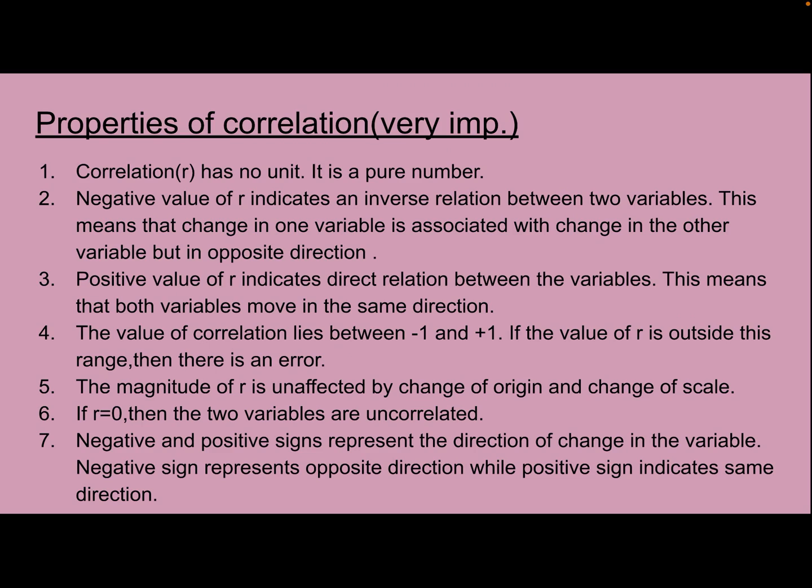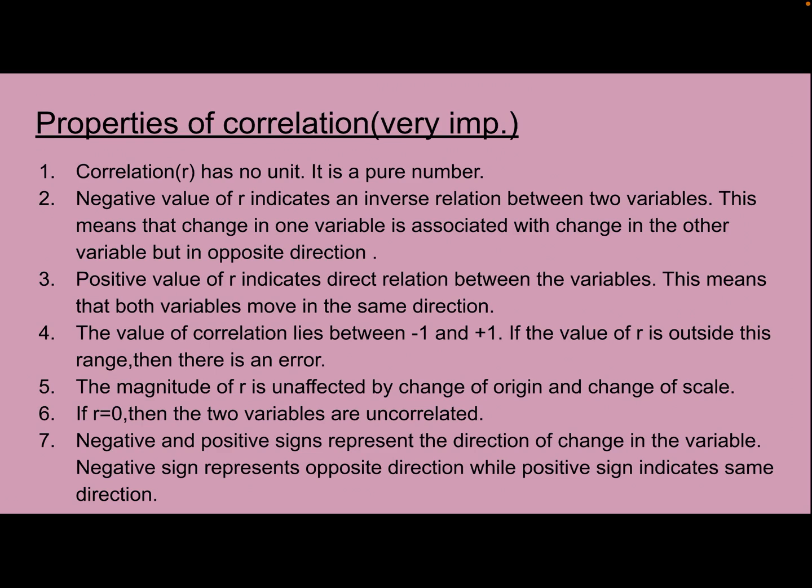And change of scale means that if we multiply or divide the values of x and y with a constant, again coefficient of correlation will not change. So the magnitude of r is unaffected by change of origin also and change of scale also.